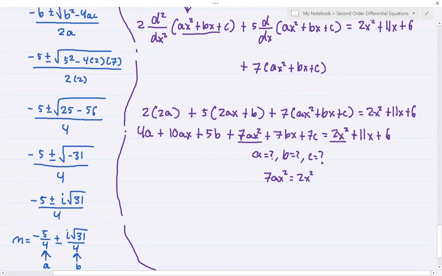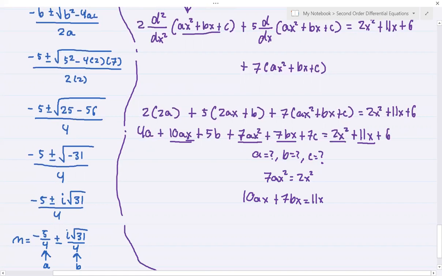That's it. Now next, how about the terms that have x? So we have 10ax and we have 7bx on the left side. Now on the right side, do you think that we have x? The answer is yes. We have 11x. So we're going to write it as 10ax plus 7bx is equal to 11x.